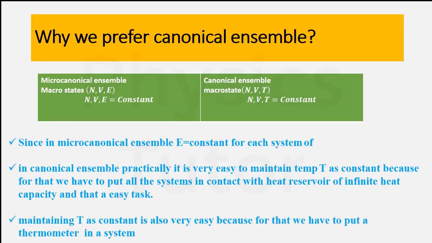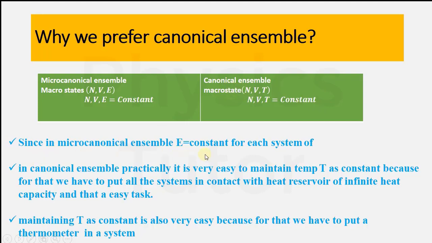Next we see the reason why we prefer the canonical ensemble. As we already saw, in the microcanonical ensemble the number of particles, volume and energy are constant because the system is isolated. And in the canonical ensemble the number of particles, volume and temperature are constant, but we have only a closed system. So already we have seen this in detail.